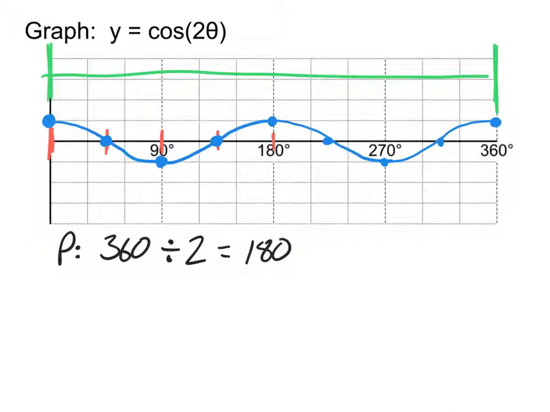I went from top to top here, so that's one full cycle at this point, and then another top to top again. So notice, 2 full cycles completed. And that's what that's telling us, is that between 0 and 360, I got to do 2 full cycles of my wave, or 2 revolutions around the circle if we're relating it back to the circle picture where all this stuff came from originally.